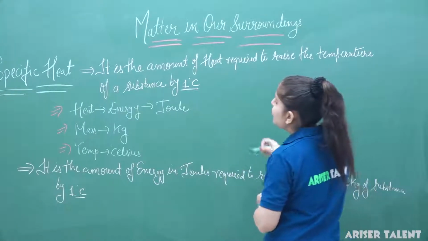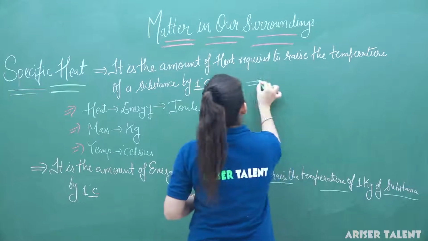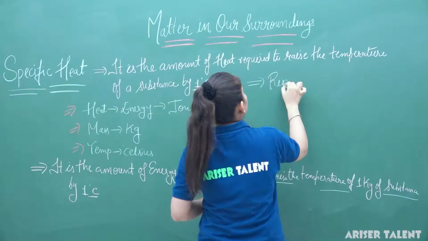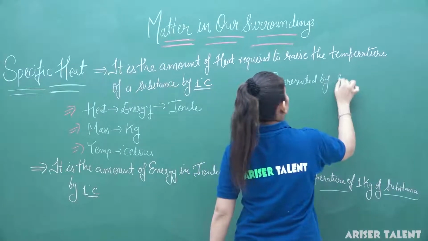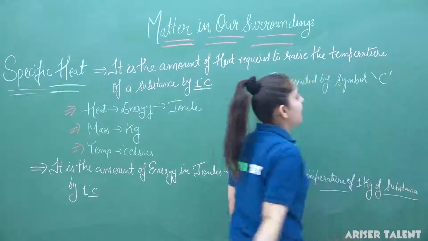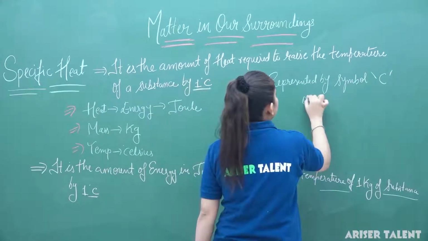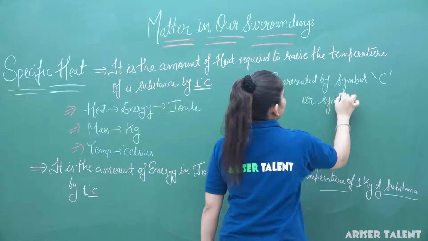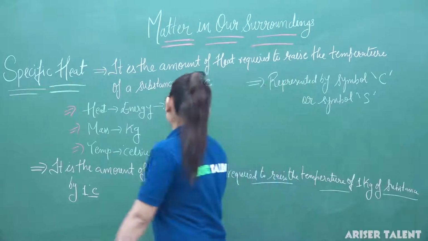Now, specific heat is represented by a symbol C. For the specific heat we will use the symbol C, but sometimes also we will use the symbol S. So, sometimes we also use the symbol S for defining the specific heat of a substance.